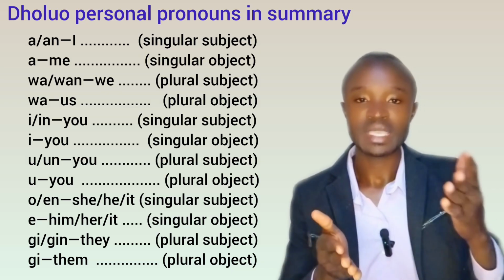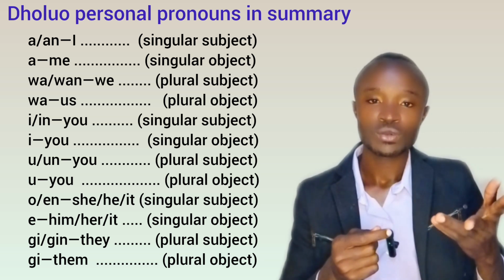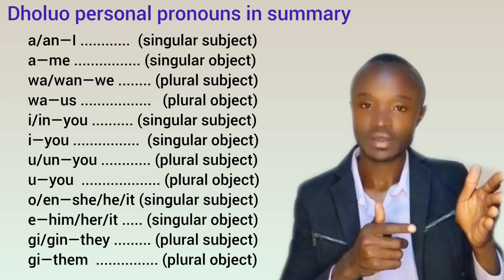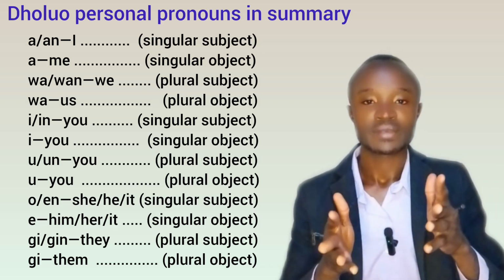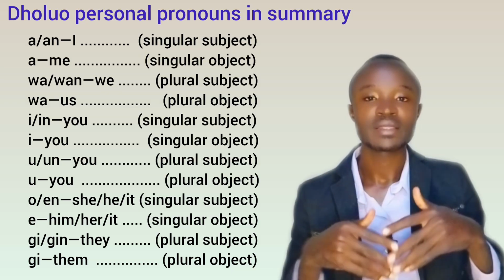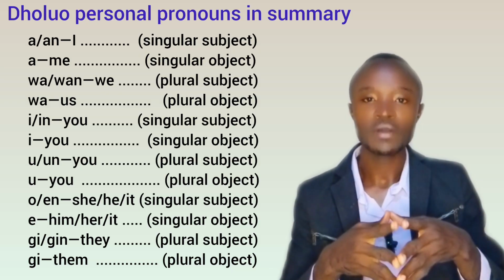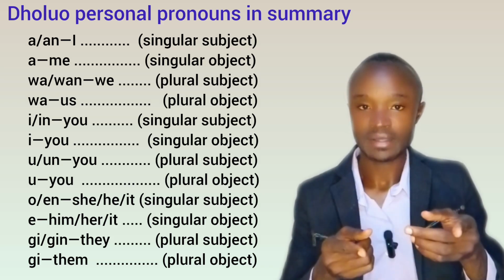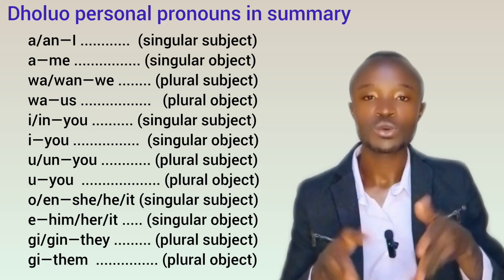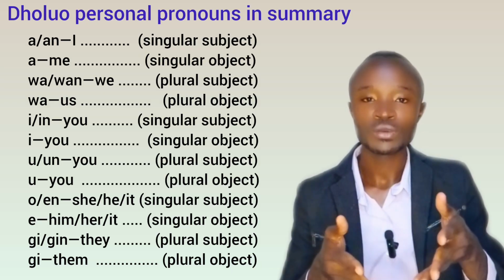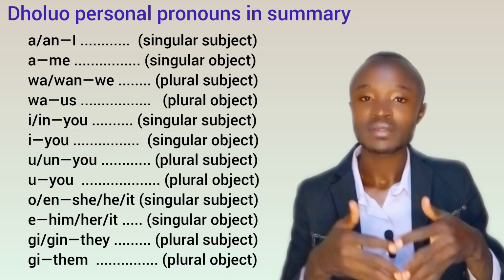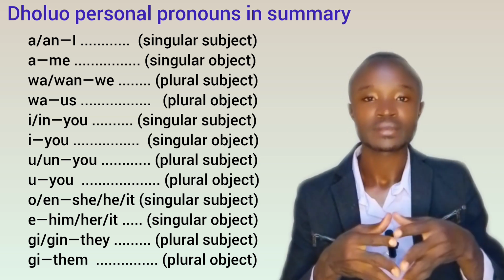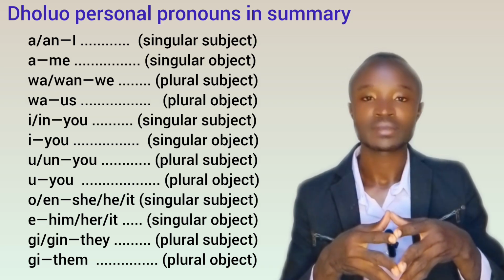So e stroke in, you in the subject case, singular. And e means you also in the object case, singular. U stroke un, you, subject case, plural. U, object case, plural.